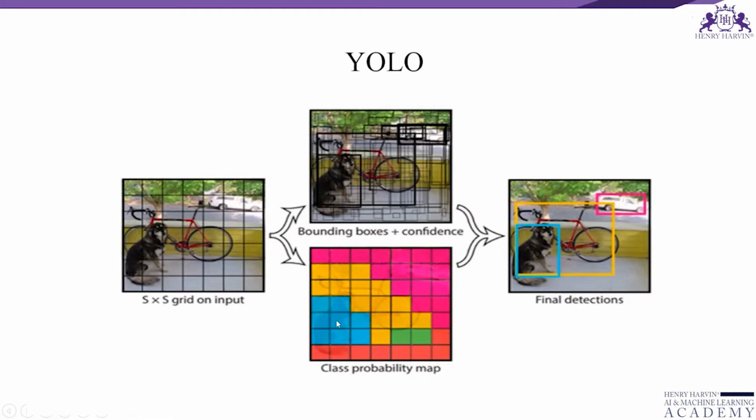So blue means dog. All of this will give you a good class probability map. This tells you where roughly the dog is. Similarly, where the bicycle is, the yellow represents the bicycle and the remaining may be the background. And also we are getting class probabilities.